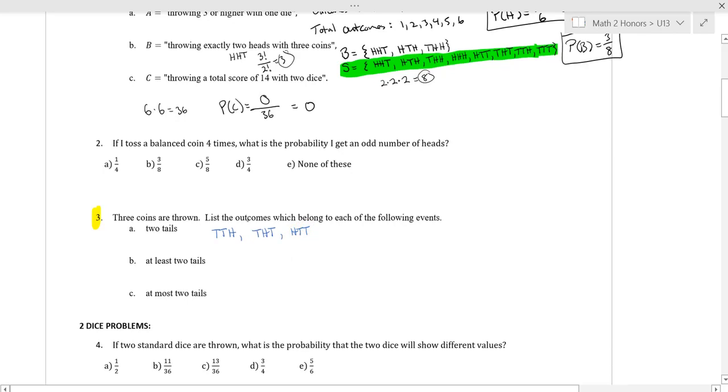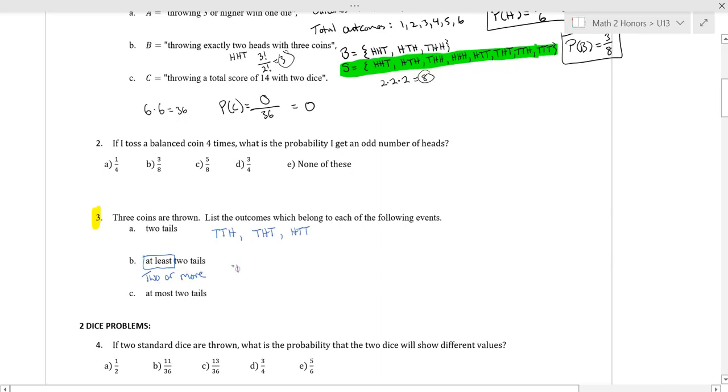So here we're just listing the outcomes. We're not asked to find a probability. At least 2 tails. Now, it's going to be important to understand what at least means. At least means 2 or more. So 2, I'm going to write that here. So in this case, 2 or 3.